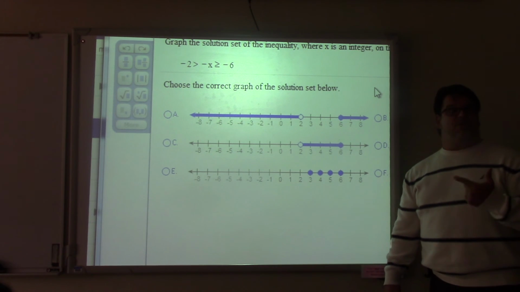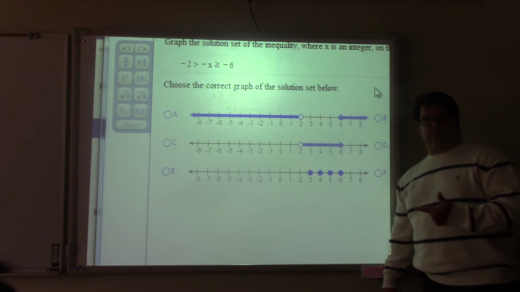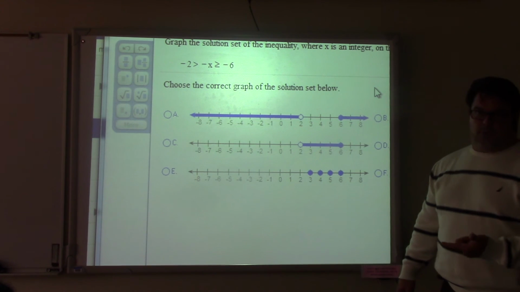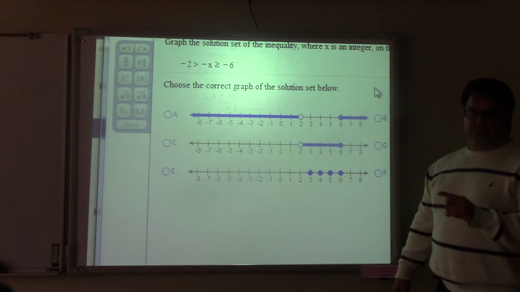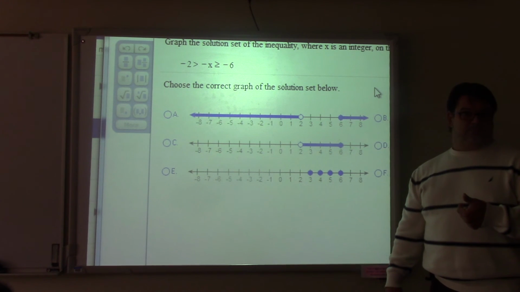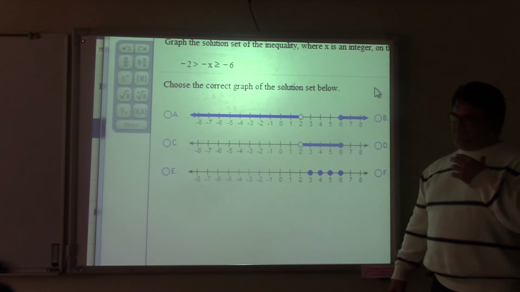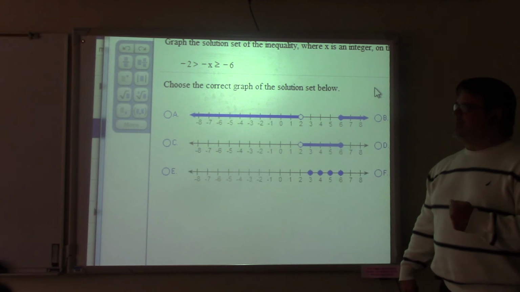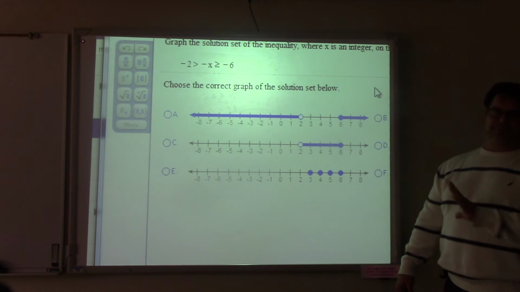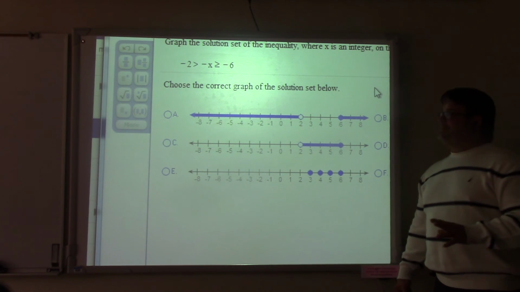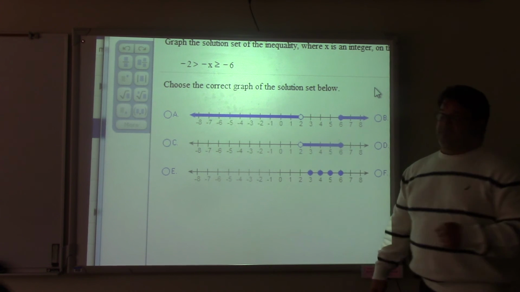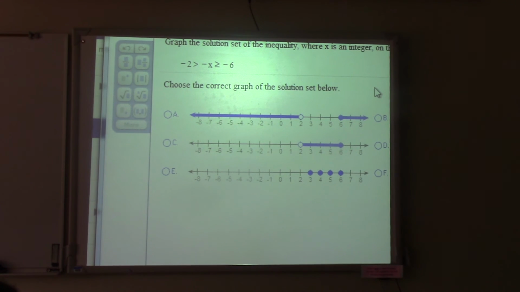If you divide or multiply through by a negative, you have to do what to the inequalities? You have to flip them. That's why I don't teach a lot of that. I tell you to use it only as an emergency. And this is an emergency. So I'm going to divide through by -1 all the way through.